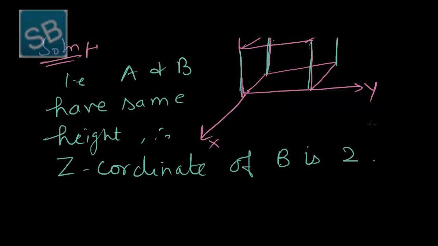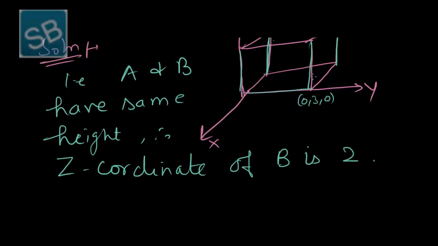Now we have to find the y coordinate of B. Since AB represents 3 and AB is parallel to the y-axis, if we represent it here, it will become (0, 3, 0).